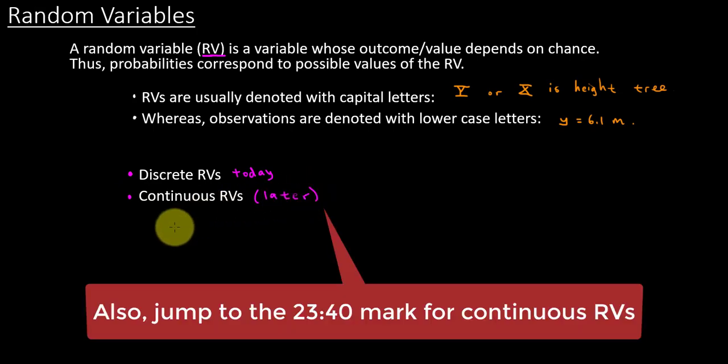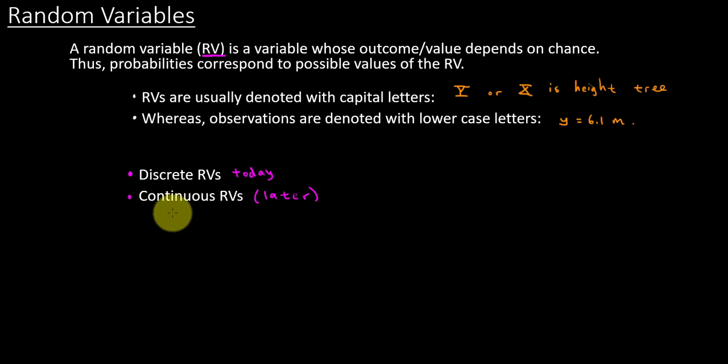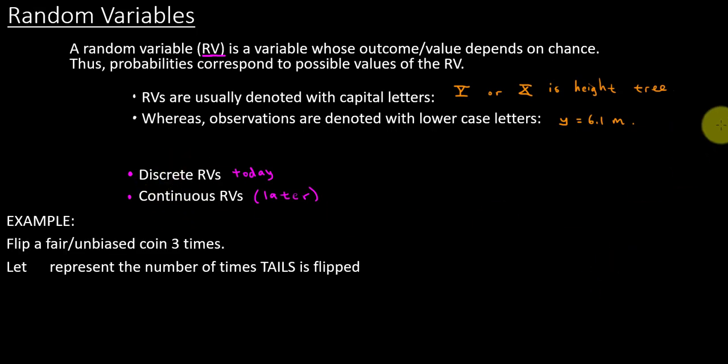Let's pop into an example to illustrate random variables and some properties therein, especially for discrete random variables. In this example, we're going back to coins, and let's consider a fair or unbiased coin being flipped 3 times.